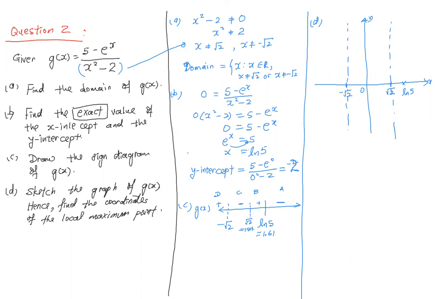You got 3 separate lines like that. One goes like that. The other one goes like that. Somewhere here there is a turning point.